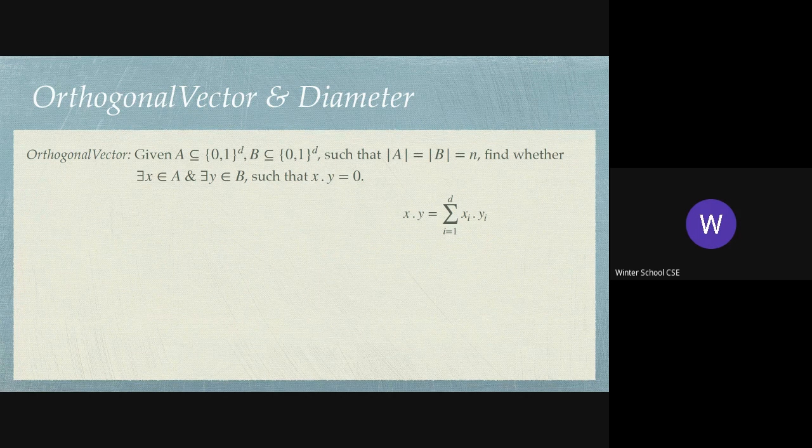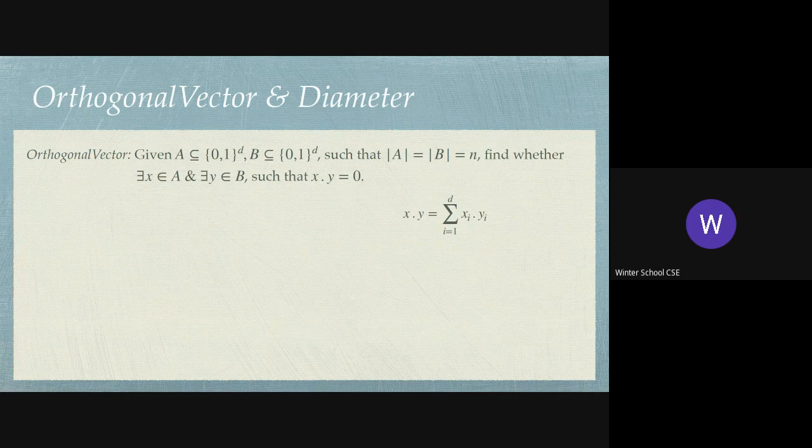Can anyone tell me an algorithm to solve this problem? The best time that you can manage. The most stupid algorithm that you can think of: you try every pair.